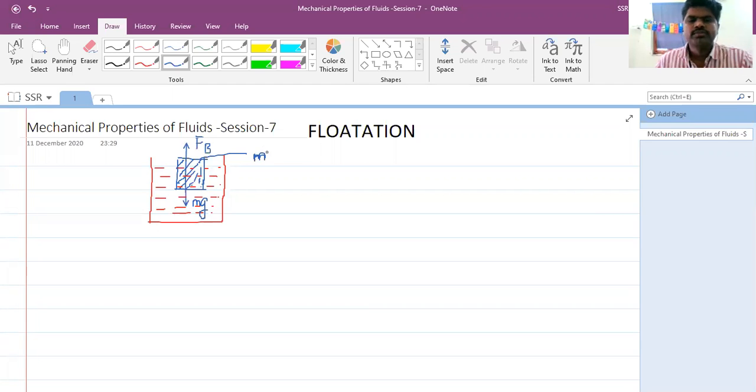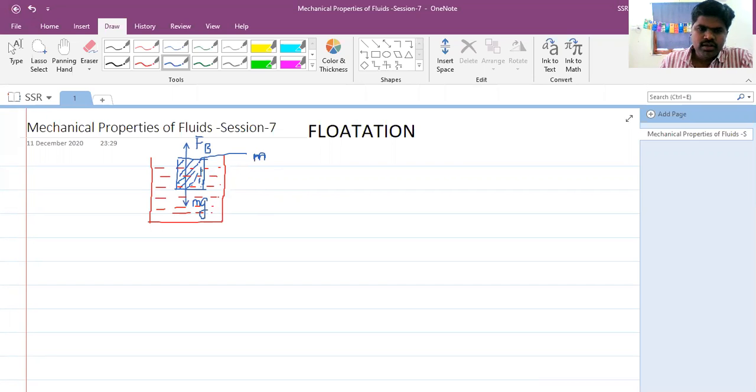So this mg makes the body sink down into the fluid, whereas the buoyancy force Fb makes the body try to float on the liquid. That difference you can understand.